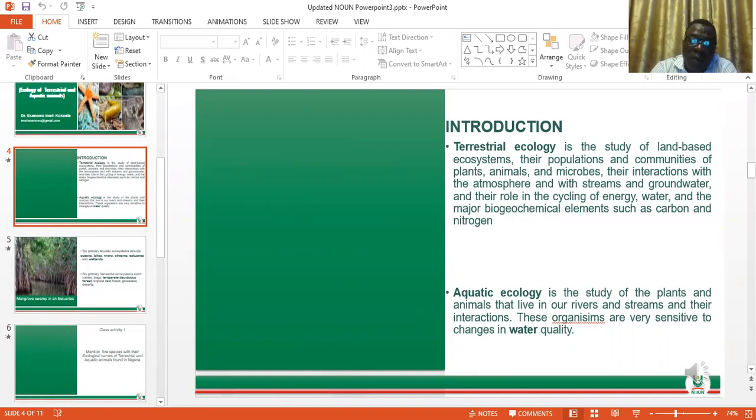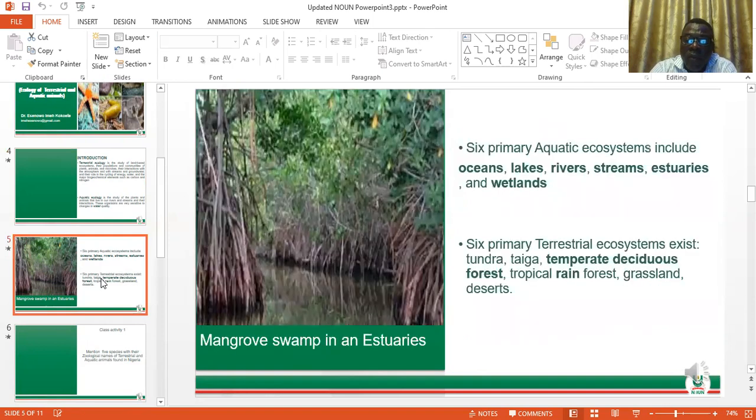And we also talk about aquatic ecology, which is the study of plants and animals that live in our rivers, streams, and their interactions. What we were made to understand was that these organisms are very sensitive to changes in water quality. And what we did was to group what constitutes the aquatic ecosystem, and that of terrestrial ecosystem.